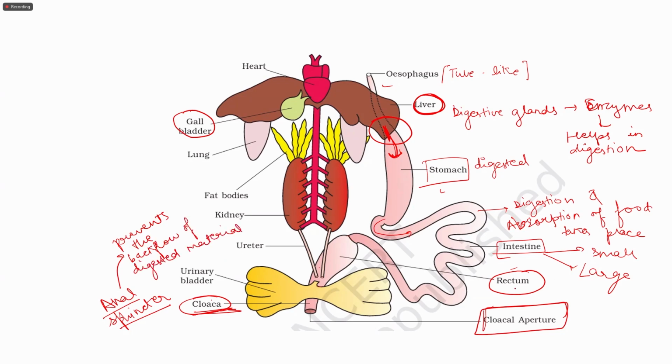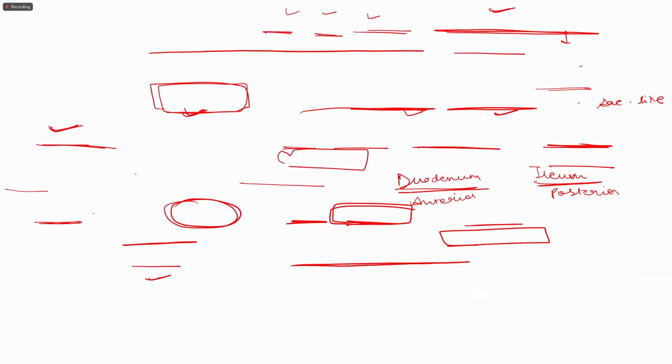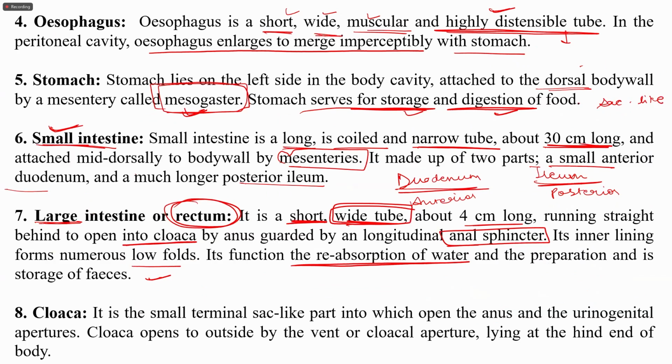And what is the function of this large intestine or rectum? It reabsorbs any essential water and minerals and prepares and stores fecal matter. So here no digestion takes place, but the undigested food in the form of fecal matter is being prepared and the reabsorption happens. Finally, the undigested part is thrown out of the body with the help of the cloaca.